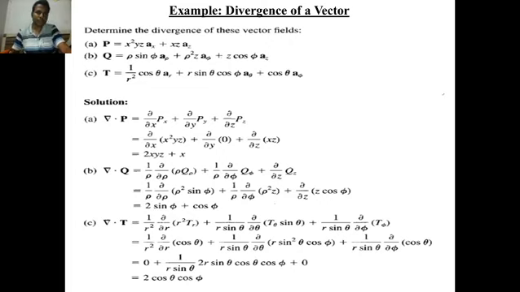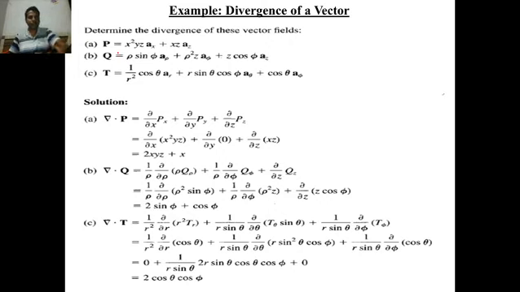How will you solve the problem on divergence of a vector? Determine divergence of these vector fields. The first vector is given as p bar, q bar, t bar, or simply p, q, t.